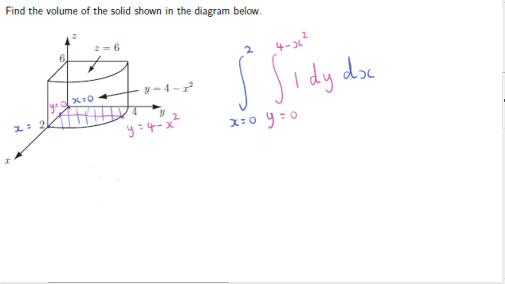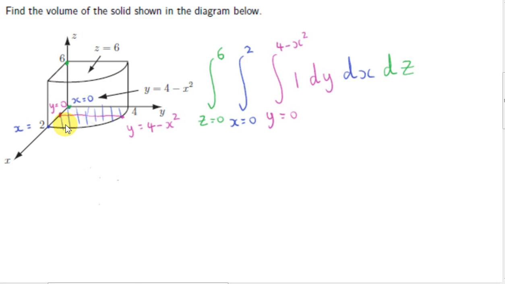Finally, we want to imagine this cross section moving upwards, and it will sweep out the volume of the region that we're after. So we are moving entirely in the z direction, so we have to integrate it with respect to z. And we integrate from z equals 0 to z equals 6.